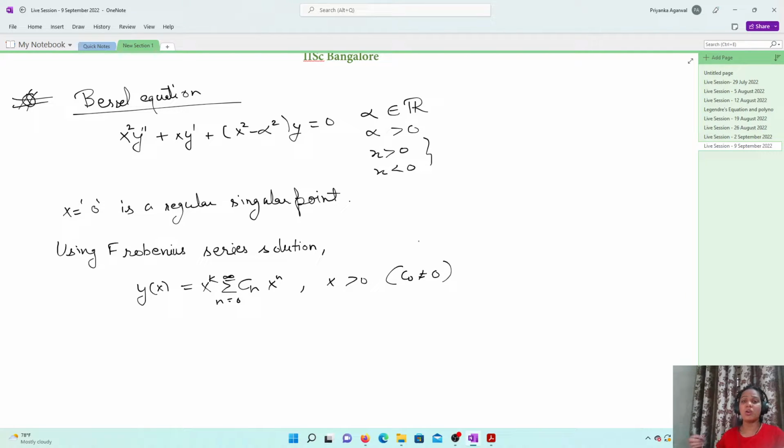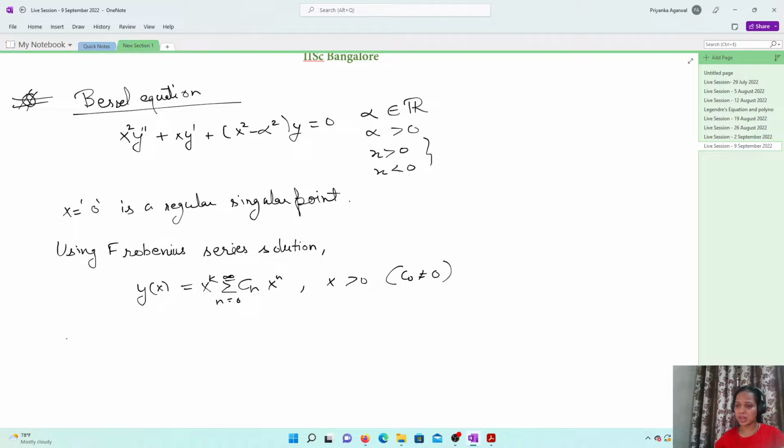So you know how to proceed with this Frobenius series. We substitute this y(x) into the equation, where we first differentiate and get y dash and then y double dash, and then solve for the coefficients of all the powers of x, and from there we get an indicial equation as well as a recurrence relation, which can be written in a series form.